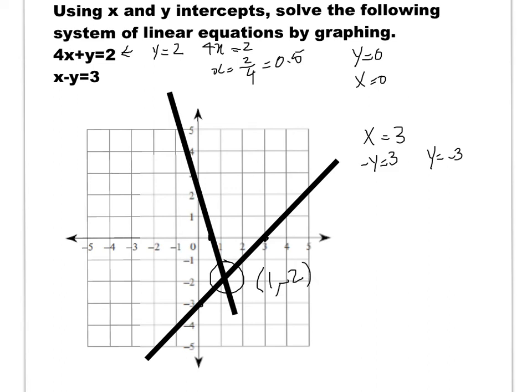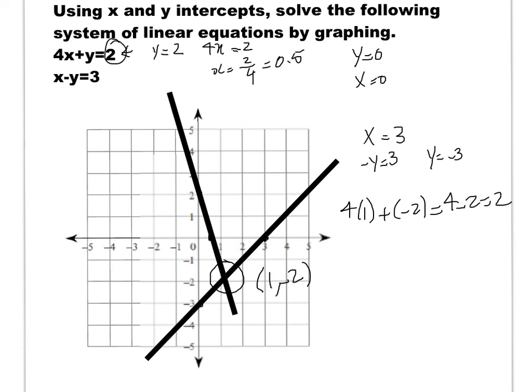Now, the last step is to check to see if the point satisfies both equations. The first equation says 4 times x, so 4 times 1 plus y, which is negative 2, is 4 minus 2, which is 2, which is correct.